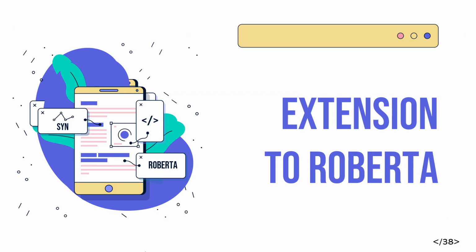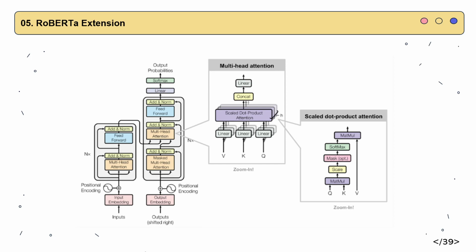Now let me talk about how we can use this synthetic embedding in an actual setting. Let's just say Roberta. Let me give you an overview of what the Roberta architecture is. Roberta is the Robustly Optimized BERT, and it is a form of transformer which uses self-attention as a form of representation, and the attention formula in this case is scaled dot product attention.